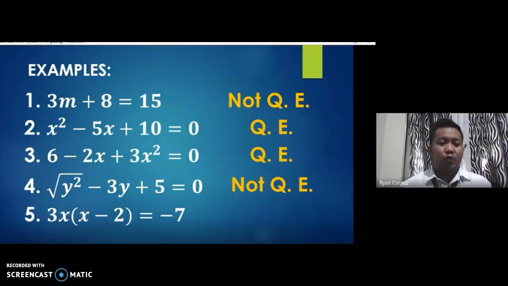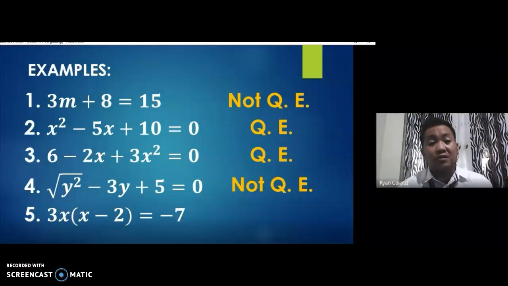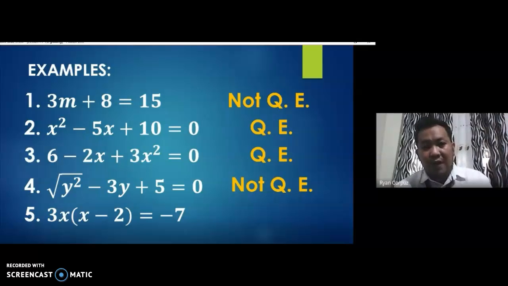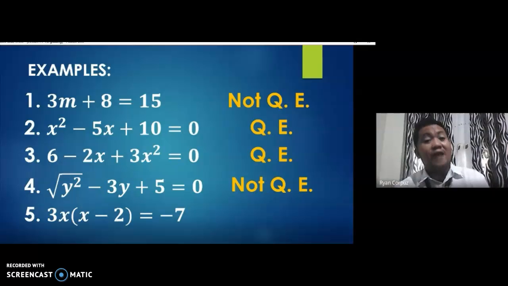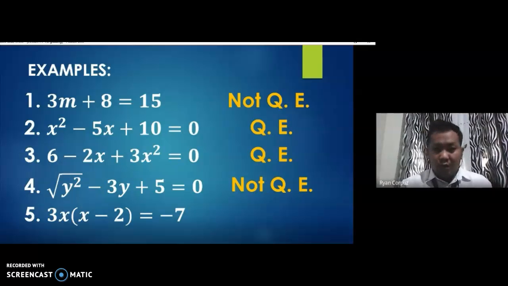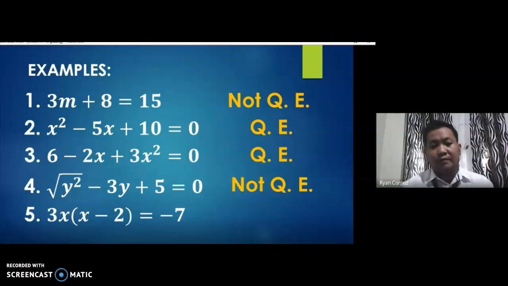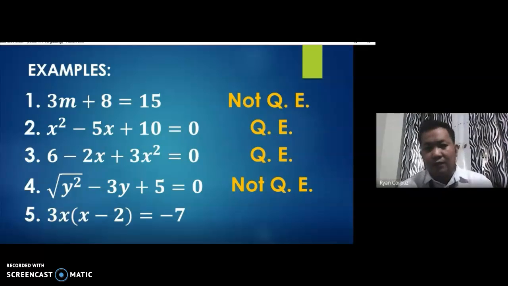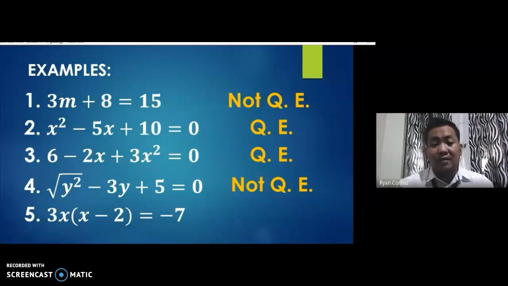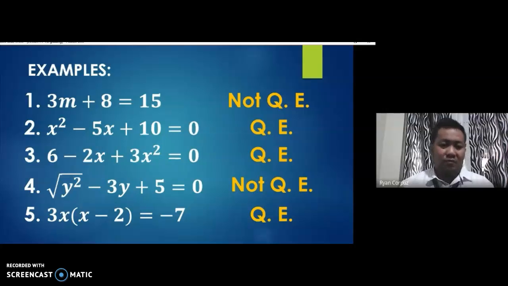But if you make use of the distributive property, you'll find out that you'll come up with a term whose highest exponent of the variable is 2. Look at the first part. 3x multiplied by x will come up with 3x squared. So, right away, you'll find out that the given equation is a quadratic equation.